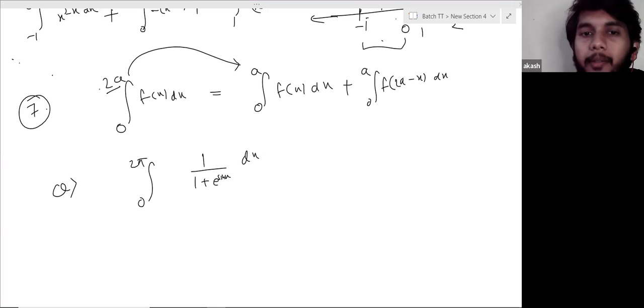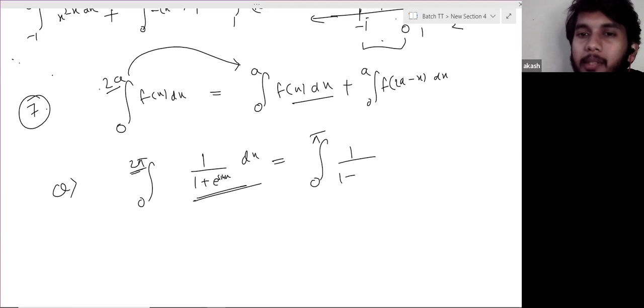Let the integral from 0 to 2 pi of 1 upon 1 plus e to the power sin x dx. This I can write as the integral from 0 to half the limit, 2 pi by 2, which is pi, of f of x dx, where f of x is 1 upon 1 plus e to the power sin x, plus again, the limit is the same, 0 to pi, f of 2a minus x.